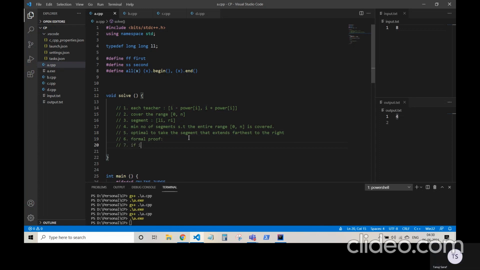Let's say I have an optimal solution in which point P is covered by a segment, let's say capital S, which extends from LS to RS.